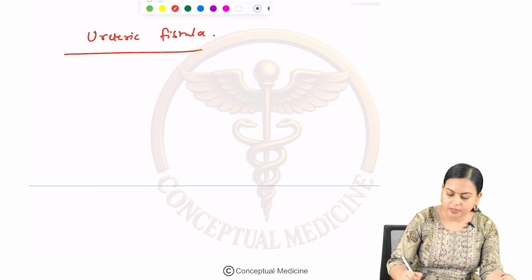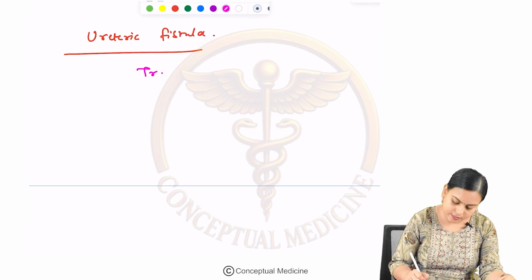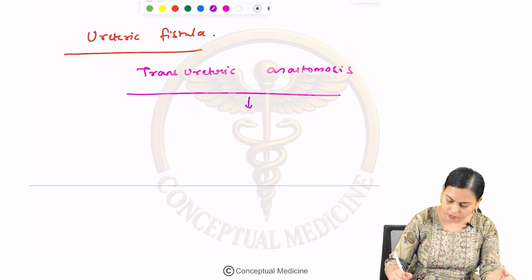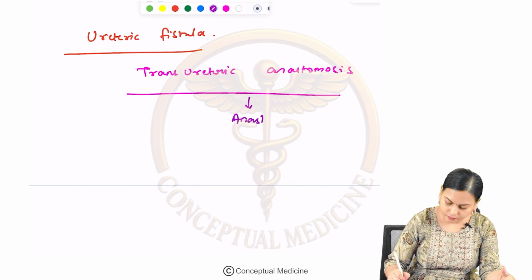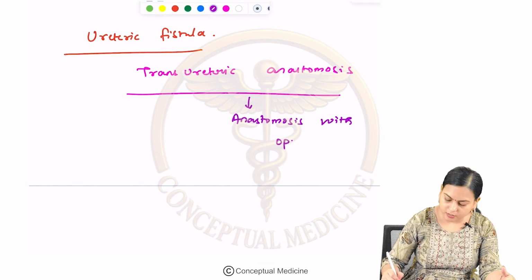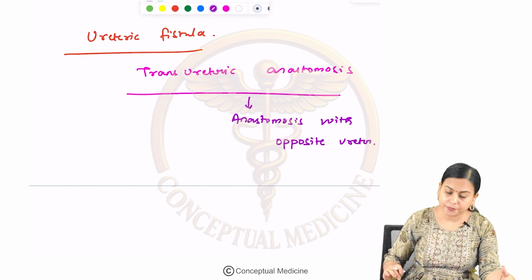you can even do a transureteroureteric anastomosis, that is anastomosis with the opposite ureter.